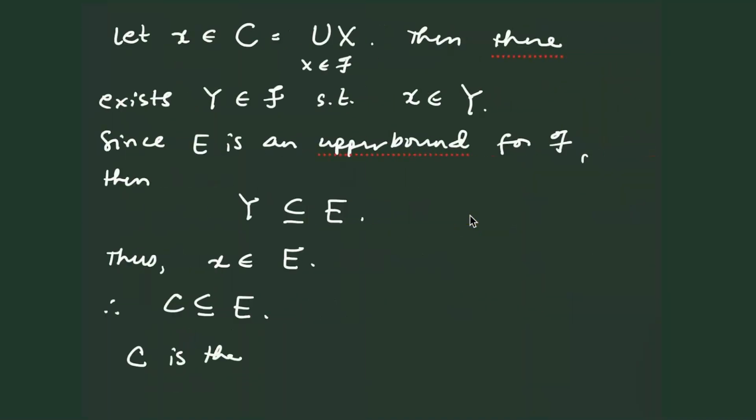We have shown the uniqueness of the supremum, so therefore C is the supremum of F. That concludes the proof of this theorem.